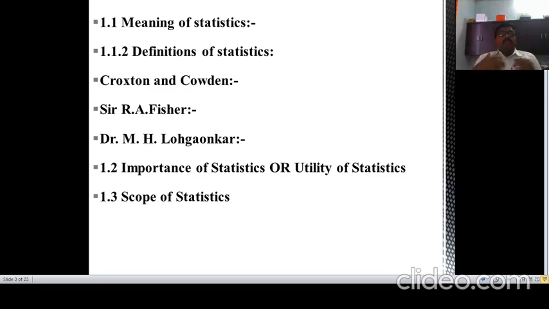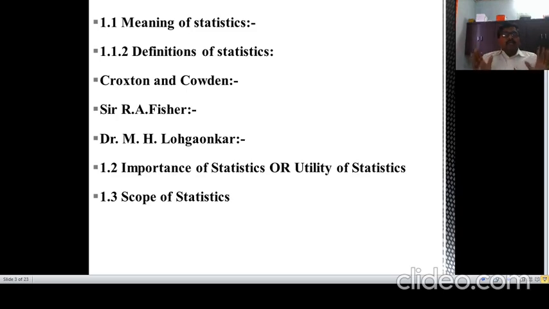Statistical methods give systematic data collection and investigation. Next point is scope of statistics. The tools and techniques of statistical methods are used in following fields at several phases.